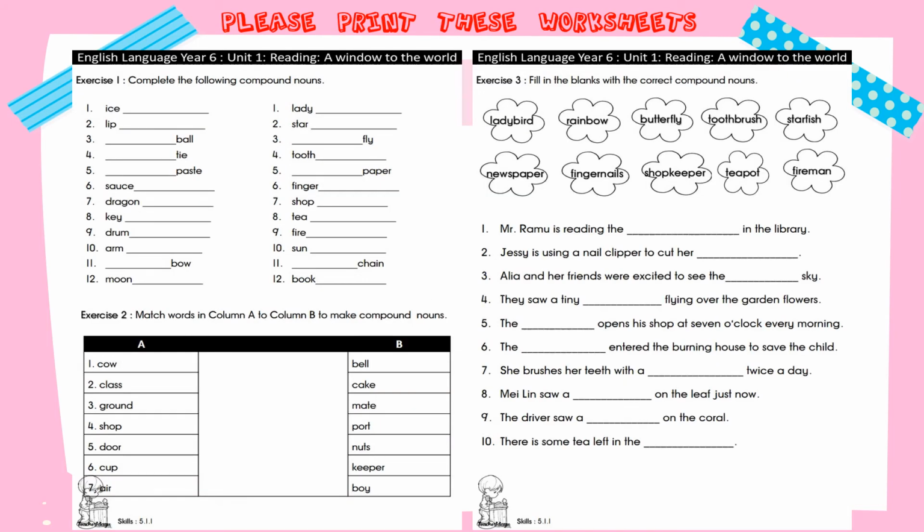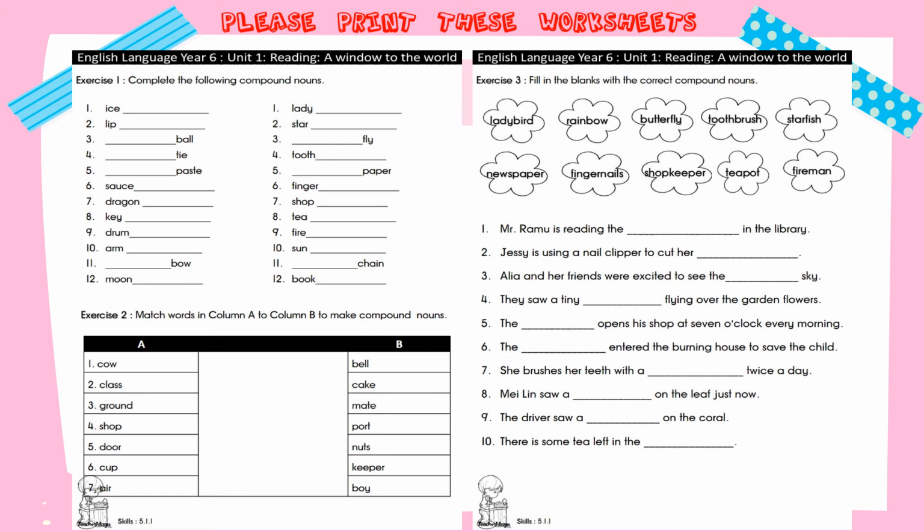Okay. This is your second worksheet and also your third worksheet. So, let's look at the second worksheet on your left-hand side. Complete the following compound nouns. Number 1, ice. It's up to you, ice cream or ice tray. Okay.